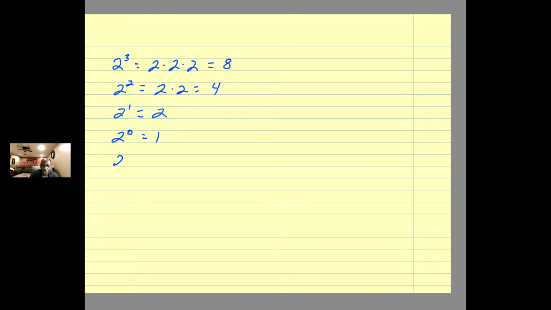Now, 2 to the negative first power is the same as 1 over 2 to the first power, which is 1 over 2. 2 to the negative second power is 1 over 2 to the second, which is 1 over 4. 2 to the negative third power is 1 over 2 to the third, or 1 over 8.